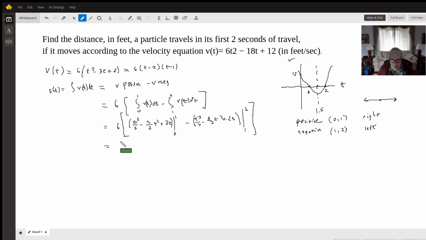Okay, so this first one, it's going to be 1/3 minus 3 halves plus 2 minus 0. And then this one, I'll just bring the 6 along now.